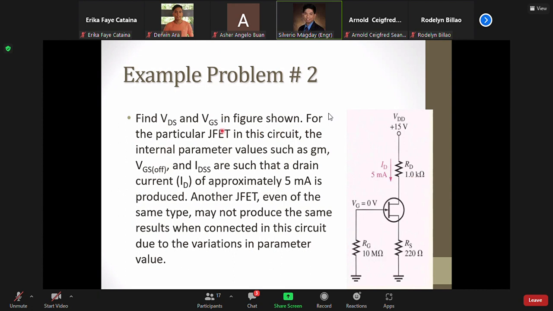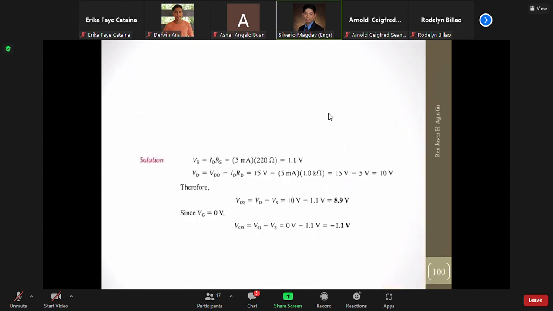Tapos, to solve now your VDS, drain to your source, yung nasolve na natin na VD minus now your VS, which is IDRS. So doon. Tapos yung VGS, dapat at VG equal now to 0. So, simply, VGS, your VG at 0, and then minus na your VS, which is IDRS. Ayan lang siya.